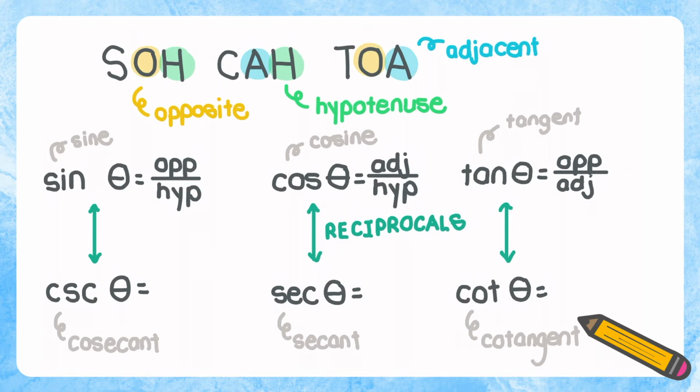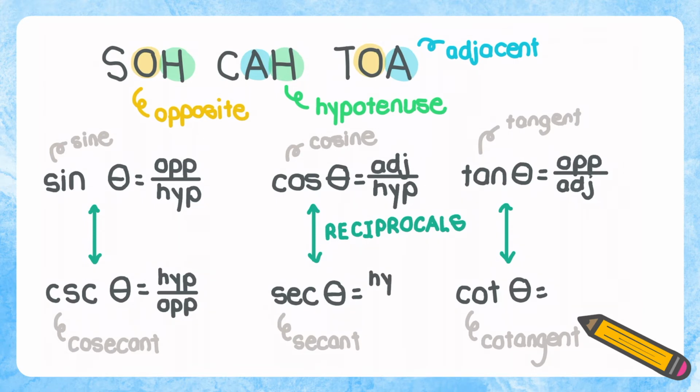So for example, the cosecant of theta is the reciprocal of sine of theta, so it's the hypotenuse over the opposite side. And the secant of theta is the reciprocal of cosine of theta, so we have the hypotenuse over the adjacent side. And the cotangent of theta is the reciprocal of tangent of theta, so we have the adjacent side over the opposite side.